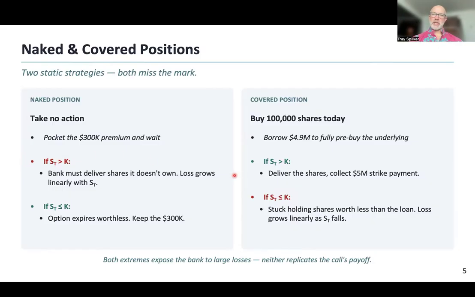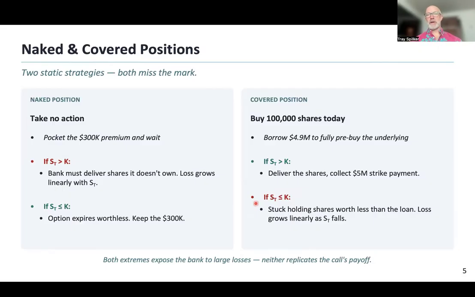Now, with a covered position, if the stock price crashes, say the share price falls below the strike price, say the stock crashes to $30, now the bank is holding $3 million worth of stock against an option that's worth zero. We borrowed 4.9 million, and it's only worth 3 million now.